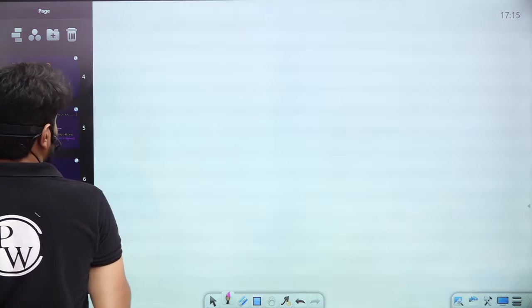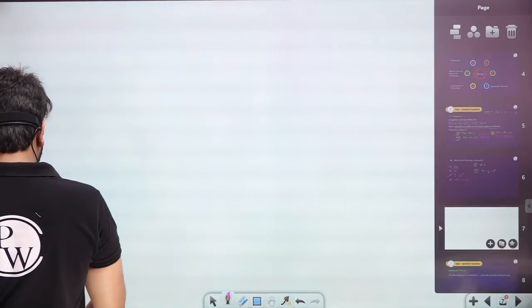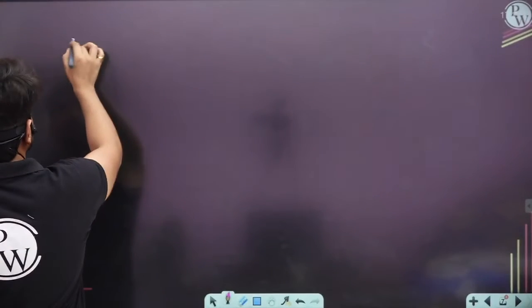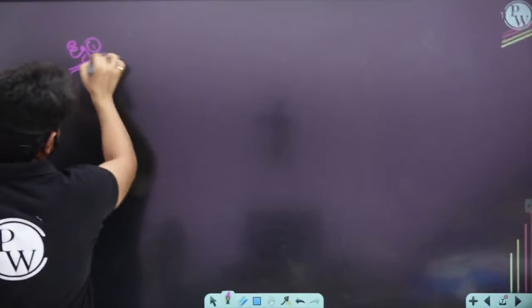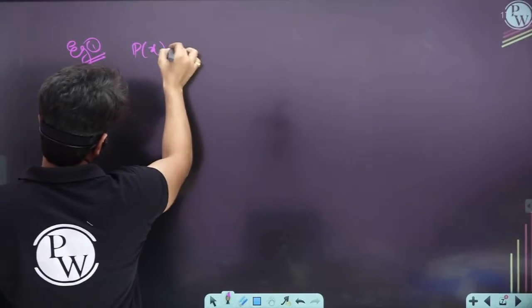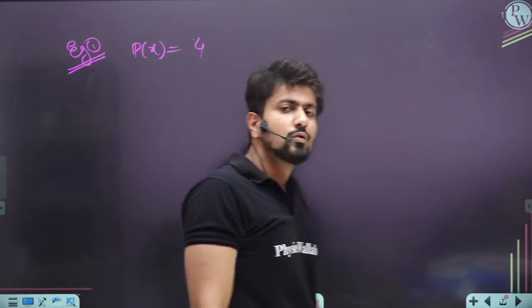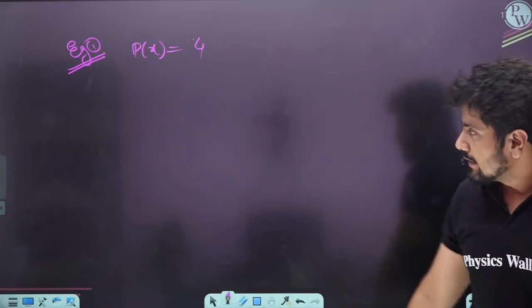What do we call a polynomial? Let me give you a few examples of polynomials, like linear, quadratic, cubic. P(x) is equal to 4. Is this a polynomial? Yes, this is a polynomial.